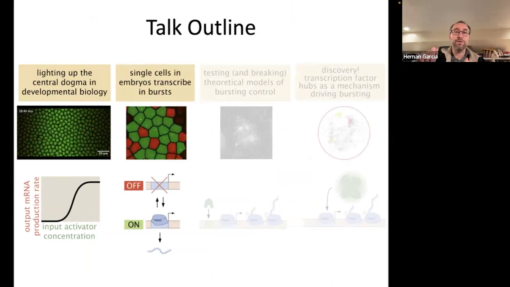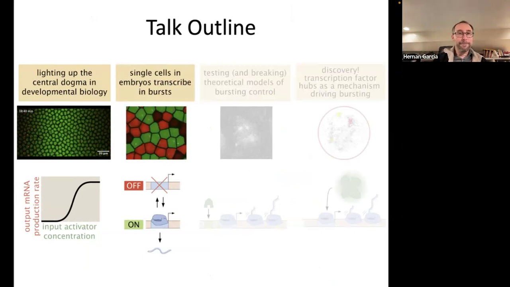And the transcription factors seem to modulate transcriptional dynamics by controlling the parameters of bursting. But before I proceed, are there any questions about what I just showed you? Just unmute yourself and ask, or something like that. No? All right. Okay. Well, I'll just keep going then.